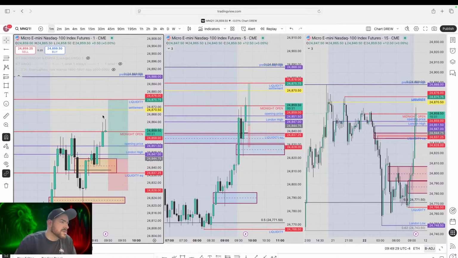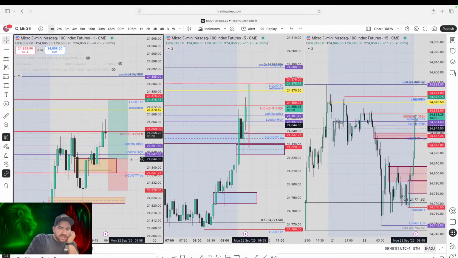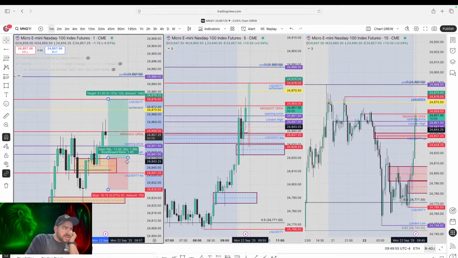We'll see what happens here. Expecting to come up here. Gonna adjust my stop right now. So my entry is right there.